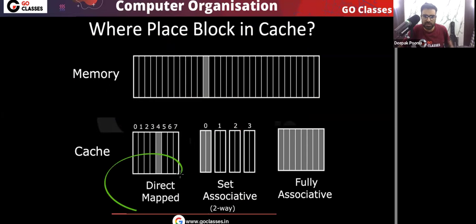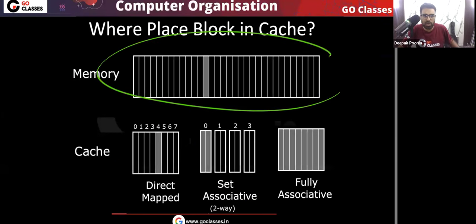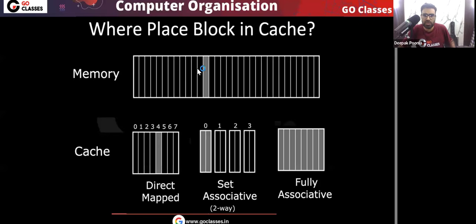Let me tell you what is a direct mapped cache, or I can say what is direct mapping. In direct mapped cache, remember, every main memory block maps to a unique line. In the set associative cache, every main memory block will map to a unique set. In the set associative cache, every set has multiple lines.